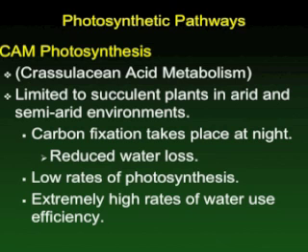Another photosynthetic pathway that's used to conserve water by succulent plants and does an even better job of conserving water is the CAM photosynthesis pathway. In this pathway, we have the same approach that was used by the C4 plants, where there's the movement of carbon dioxide into the plant, and then it's changed over right away into the PEP molecule.